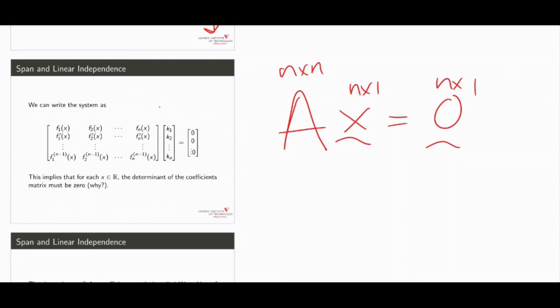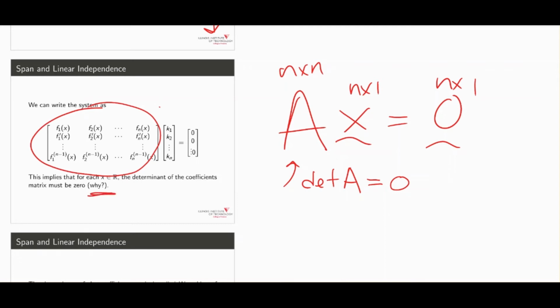Now I'm claiming that from our hypothesis, the determinant of this matrix has to be 0, for all x. These are not numbers, by the way, these are all functions of x. If you substitute x into it, they all become numbers. But for whatever x value you substitute, this determinant has to be 0.